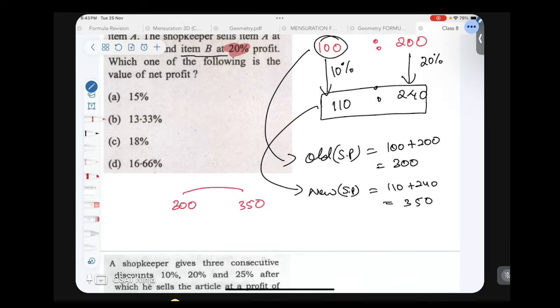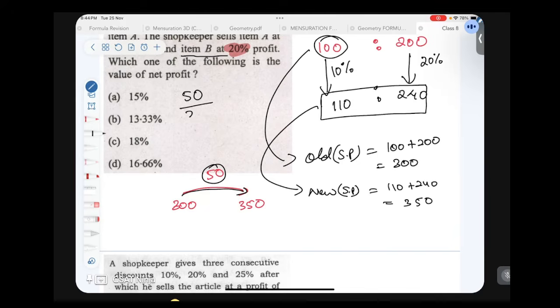So how much is increased? 50 is increased. But remember, we are asked to find the net profit. There is an increase of 50 from here to here, but I'm comparing from this one to this one, so I'll use this one in my denominator.